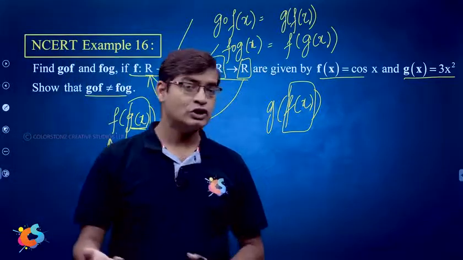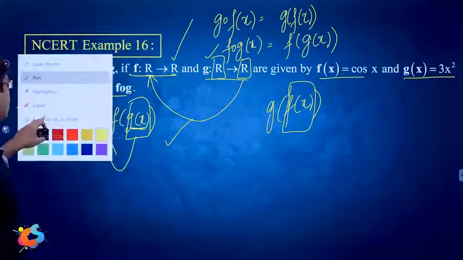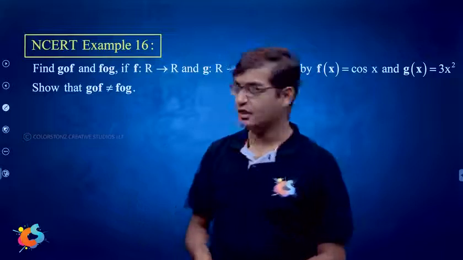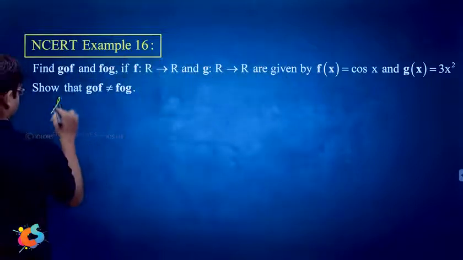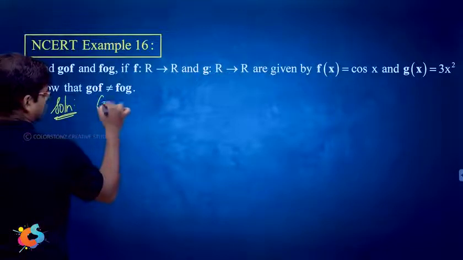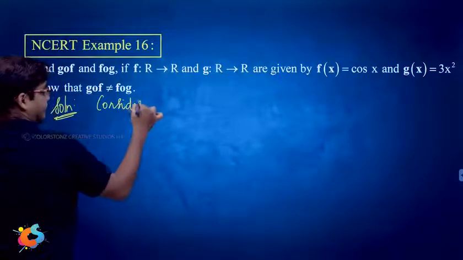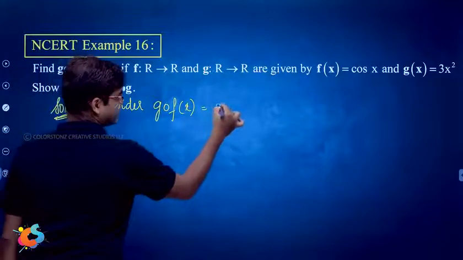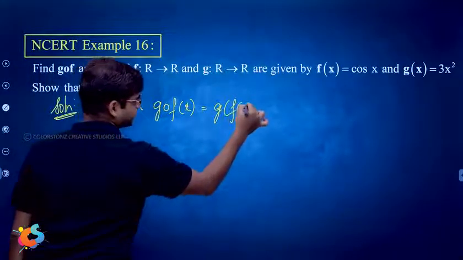Clear? Okay. So here, let us find out what is f circle g of x and g circle f of x. First, let us start with g circle f of x. Now this can be written as g of f of x.